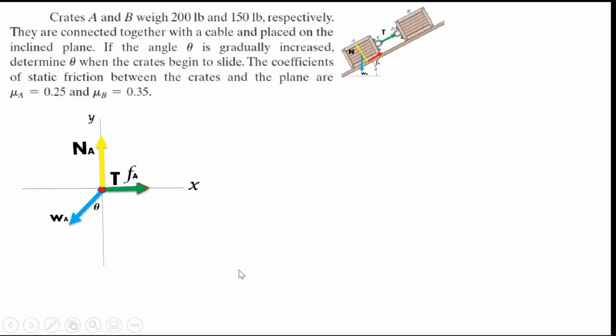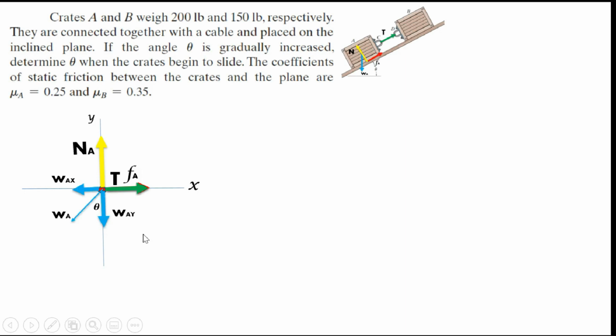So let's try to solve the forces acting on crate A. Now, since there are four forces acting on crate A, we cannot use the sine law method. So we will use the long method. In this case, since we have an angle that is in between quadrants, we will get the components of this weight A. That will be WAX, which is going to negative x, and WAY, which is going to negative y.